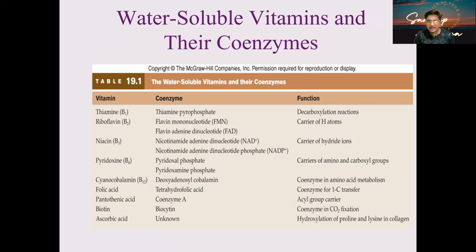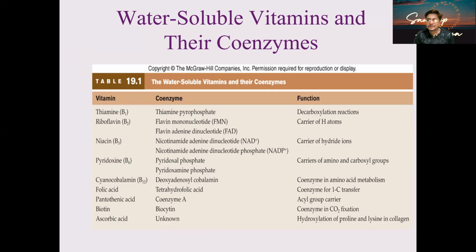Similarly, vitamin B12, that is the deoxyadenosyl cobalamin, which is a coenzyme in the amino acid metabolism. Folic acid, that is actually in the form of tetrahydrofolic acid. They always work as a coenzyme when the one carbon transfer is going to be there. Pantothenic acid is a coenzyme A, acyl group transfer.